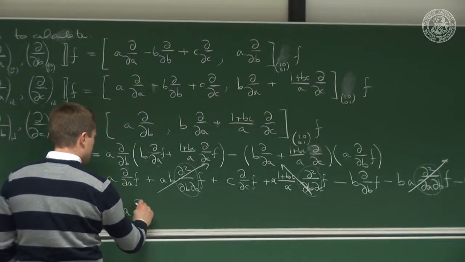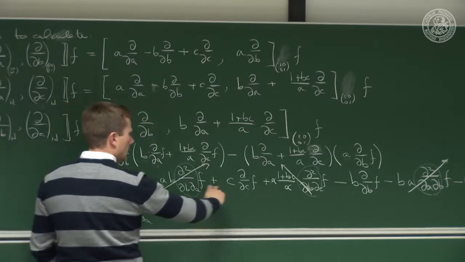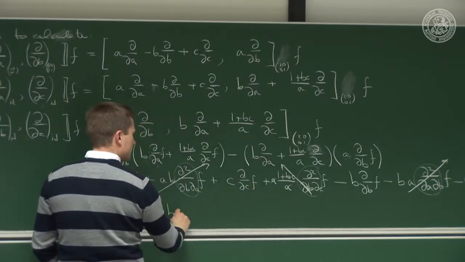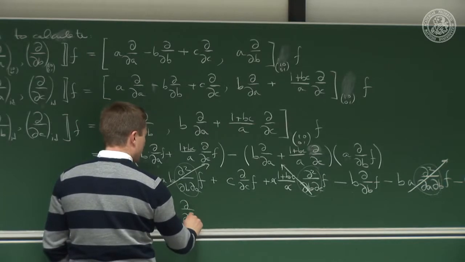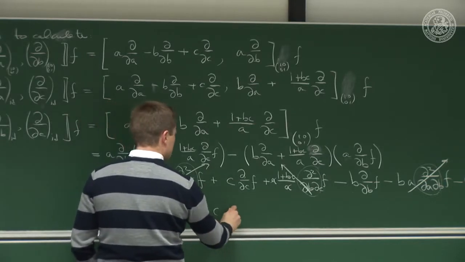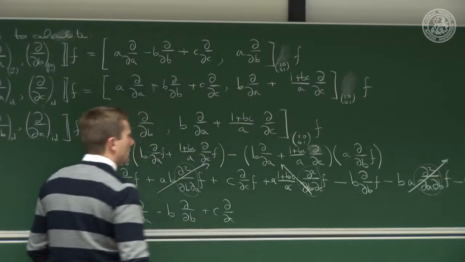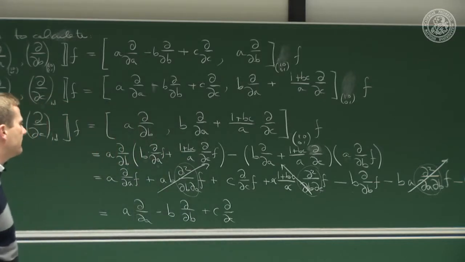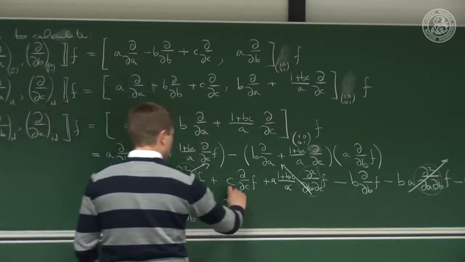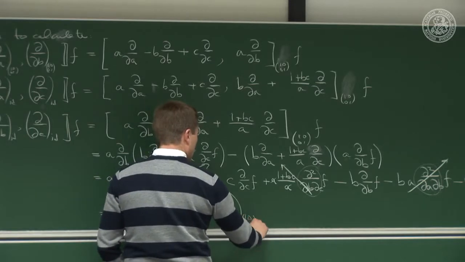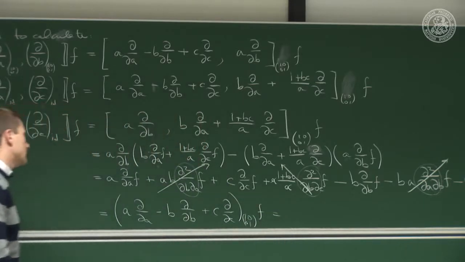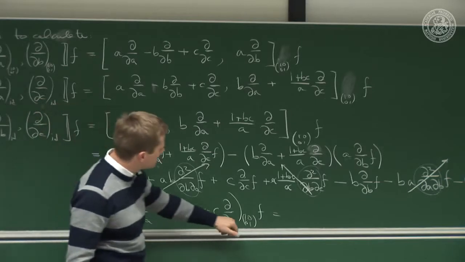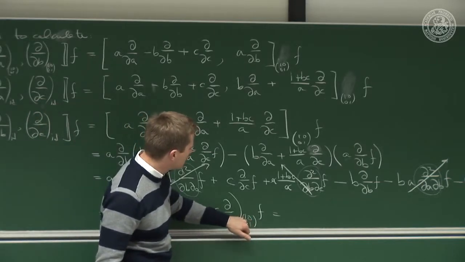It's A d by dA. Then we keep the minus B d by dB. And we have the plus C d by dC on F. But we want to evaluate this at 1, 0, 0, 1, acting on F. And you know that the coordinates in the first chart we chose of 1, 0, 0, 1 is ABC.